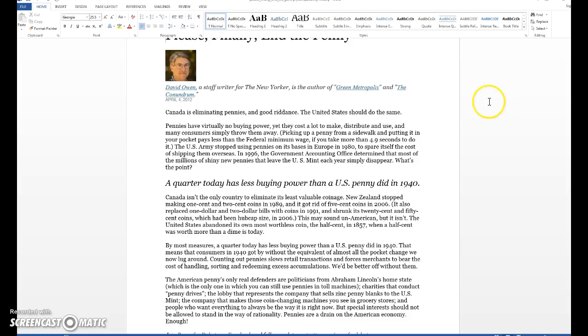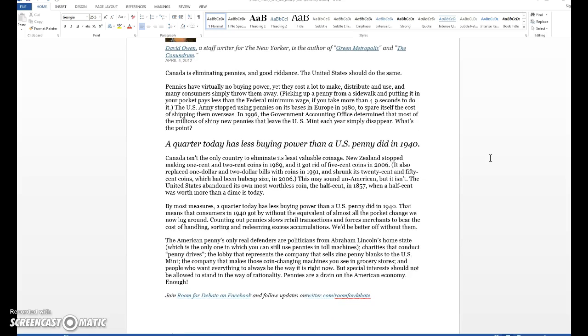What's the point? A quarter today has less buying power than a U.S. penny did in 1940. Canada isn't the only country to eliminate its least valuable coinage. New Zealand stopped making 1 cent and 2 cent coins in 1989, and it got rid of 5 cent coins in 2006. It also replaced $1 and $2 bills with coins in 1991 and shrunk its 20 cent and 50 cent coins, which had been hubcap size, in 2006. This may sound un-American, but it isn't.